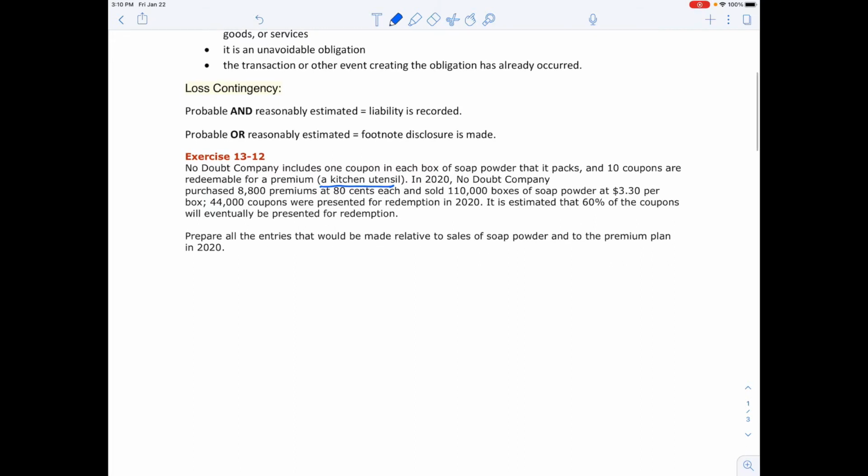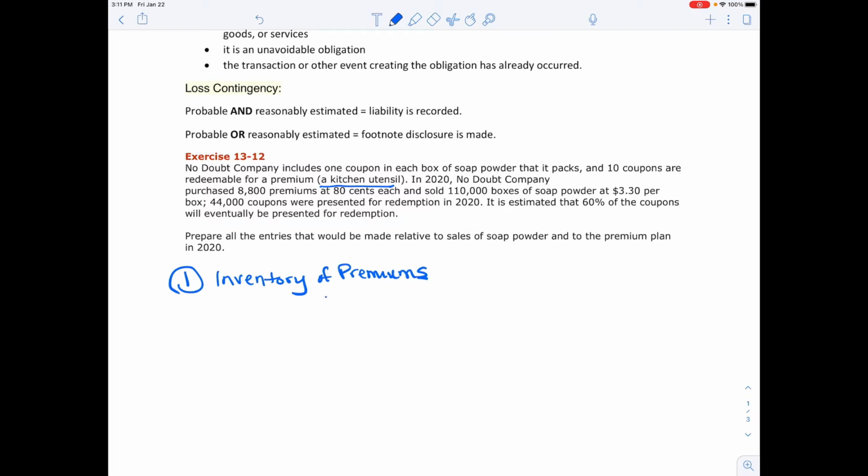The first thing we have to do is record that we bought these premiums. These premiums, again, kitchen utensils, that's an asset. We're going to debit inventory of premiums. I would have never come up with that name had I not looked at that list of accounts.